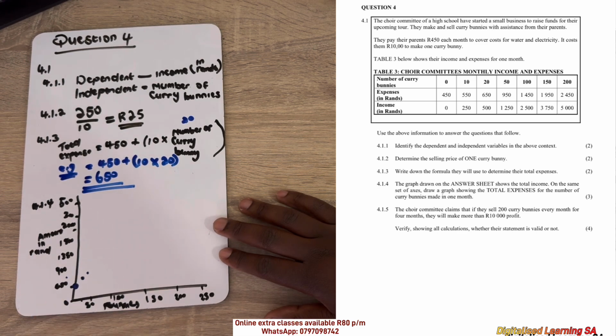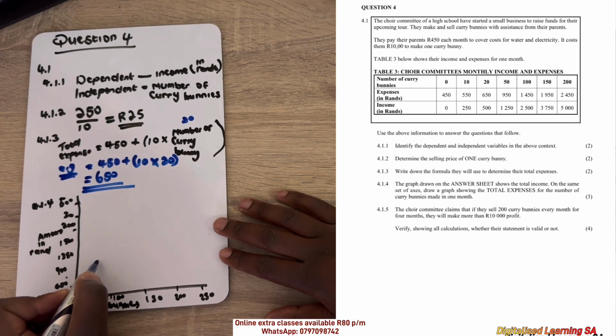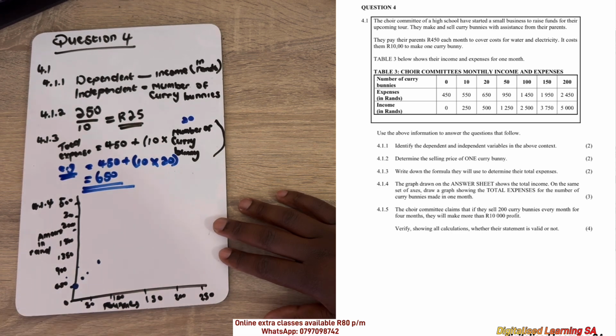And then when we have 50 bunnies, our expenses will be 950. So you can see our expenses is somewhere here. Okay. And then when we have 100 bunnies, our expenses will be 1,450.